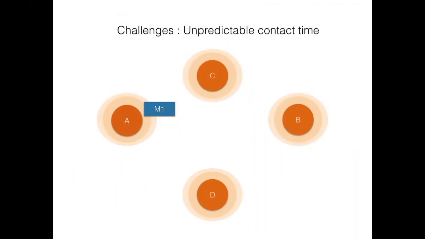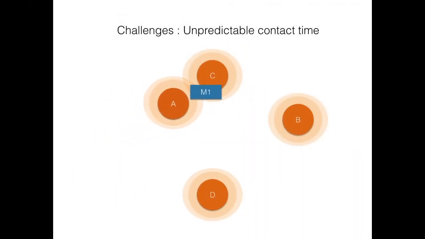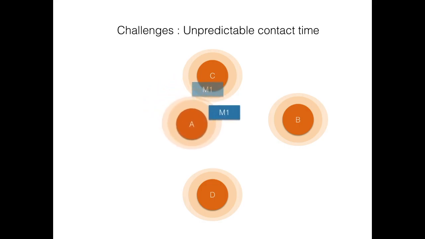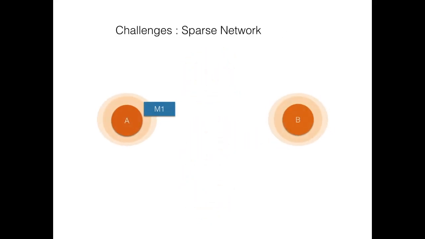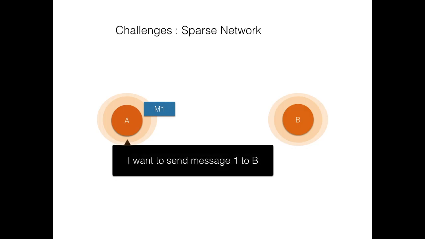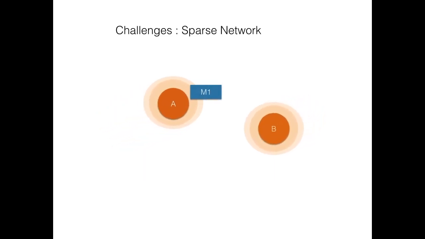Secondly, opportunistic and unpredictable contact time. Lastly, DTN is usually a sparse network with no end-to-end connection.